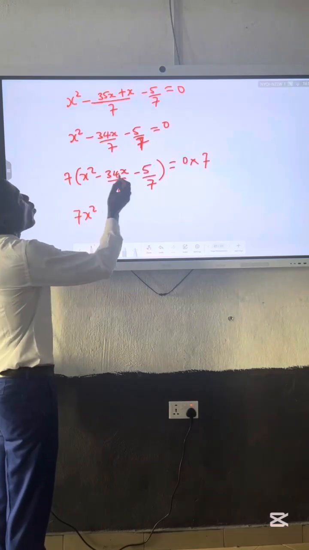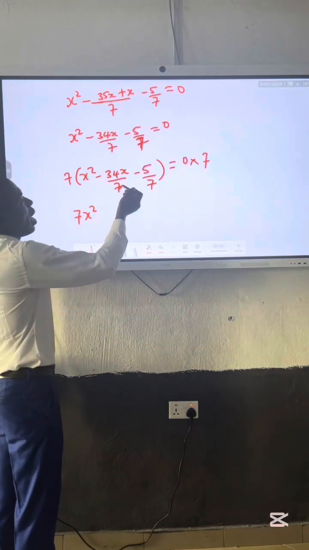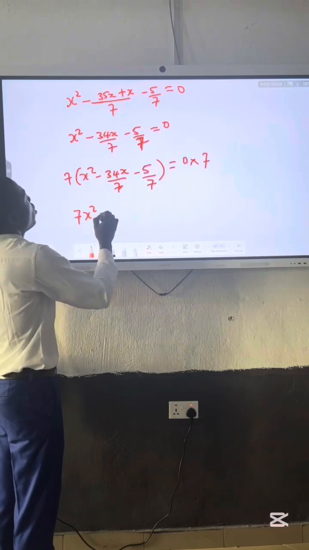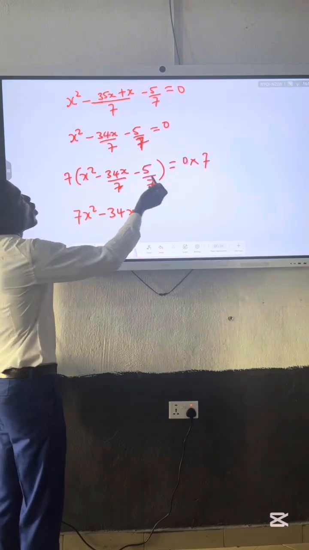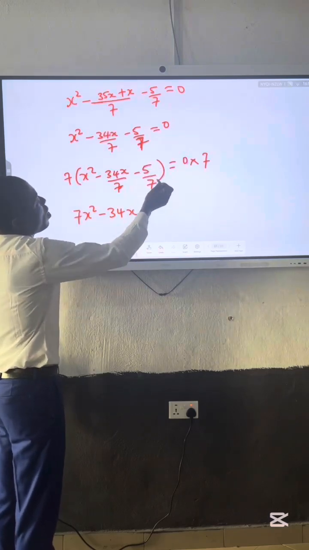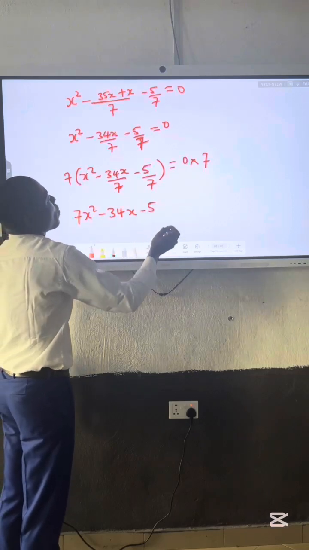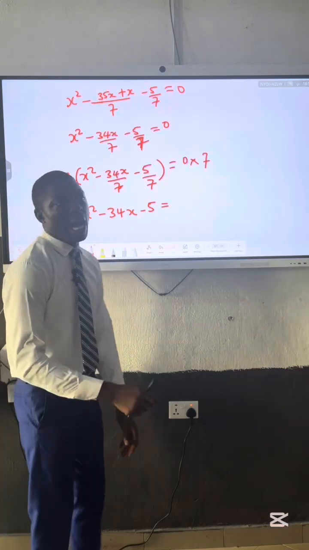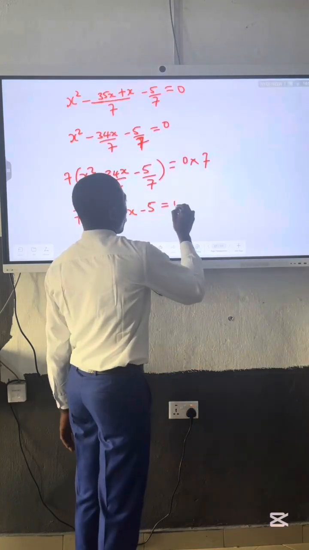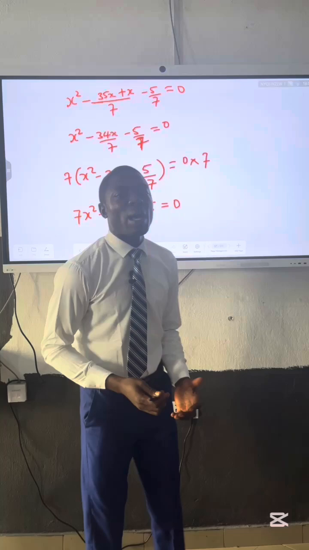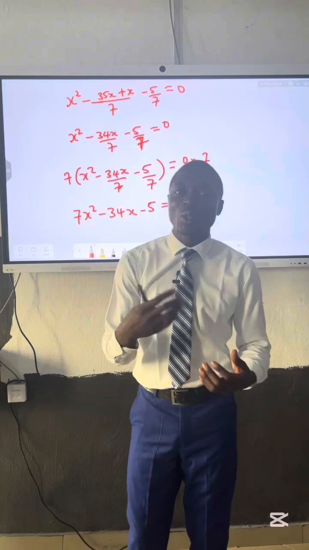When 7 multiplies negative 34x over 7, the 7 at the denominator will cancel it, so you now have just negative 34x. When you use this 7 to multiply negative 5 over 7, the 7 at the denominator will cancel that one, so you only have negative 5, is equal to, now 0 times 7 is equal to what? 0 times 7, of course, is 0. So anything multiplied by 0 is 0, or 0 multiplied by any number is also 0.